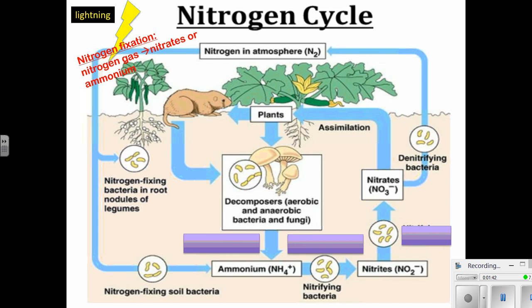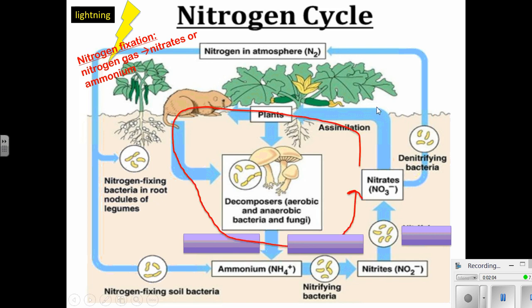They live in a symbiotic relationship in root nodules of legumes. An example of a legume plant would be a soybean. Any plant that has high protein levels are usually legumes. So now this nitrogen is in a fixed form called nitrate. Plants can use this. This is a good thing.